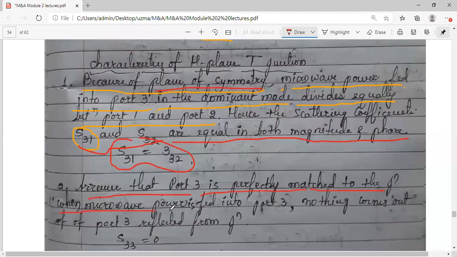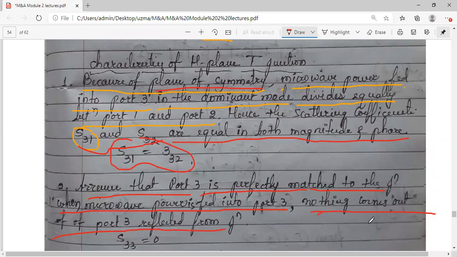So whenever microwave power is fed into port 3, it gets absorbed. Okay. So it is perfectly matched. So nothing comes out of port 3. Perfectly absorbed means from a matched port there will be no reflections. So complete absorption. Hence nothing will come out of port 3 reflected from the junction.